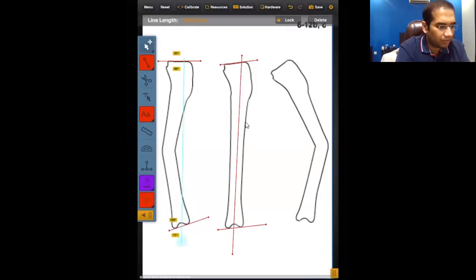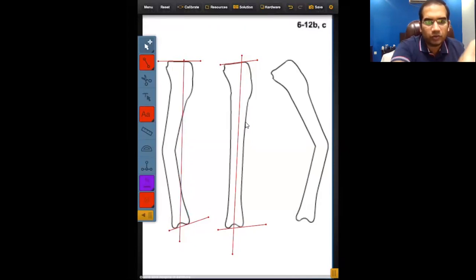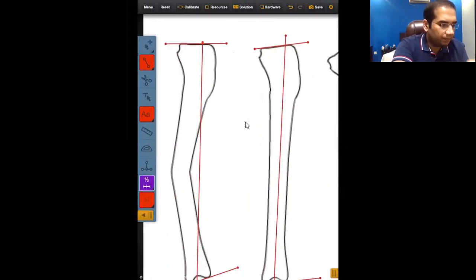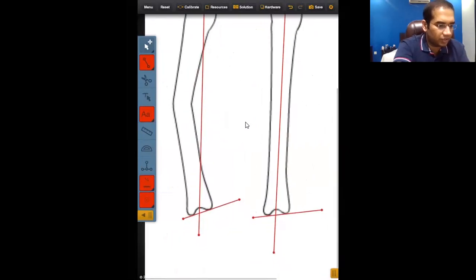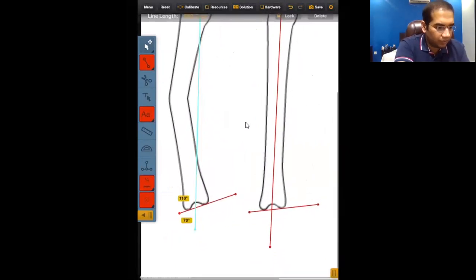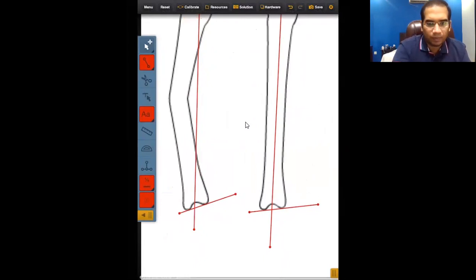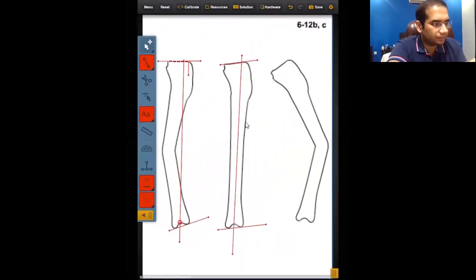Again, if we want to draw the mechanical axis line, we're going to divide the upper tibia into 5 parts, and where this line meets the 1/5 and the posterior 4/5, and distally in the middle, exactly at this point, this also gives us the mechanical axis line.